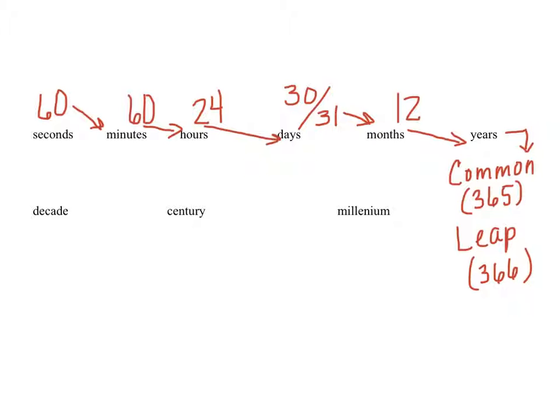Now, also you need to be familiar with the terms decade, century, and millennium. A decade is a grouping of 10 years. A century is a grouping of 100 years. And a millennium is a grouping of 1,000 years.